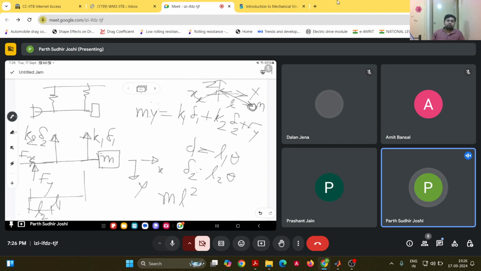If we take the moments about that point, we will get the expressions of the forces Fx and Fy in terms of delta 1, delta 2, and then we can substitute them and get the same equation of motion.